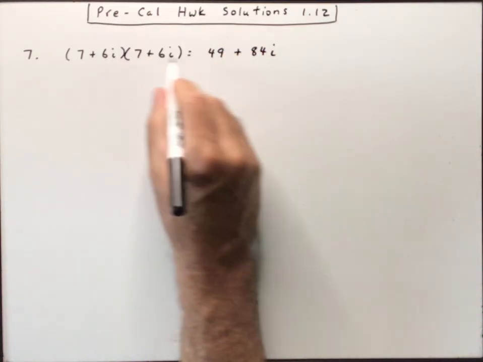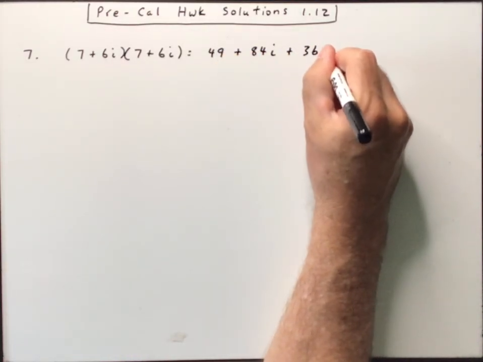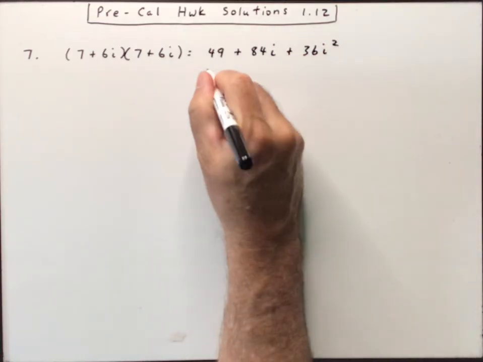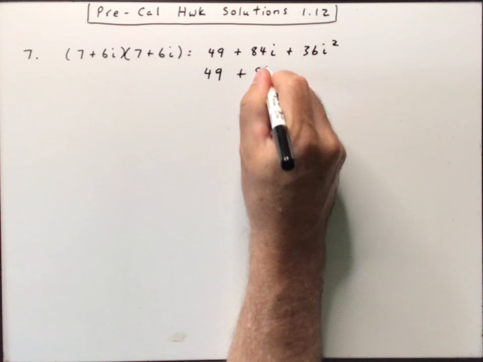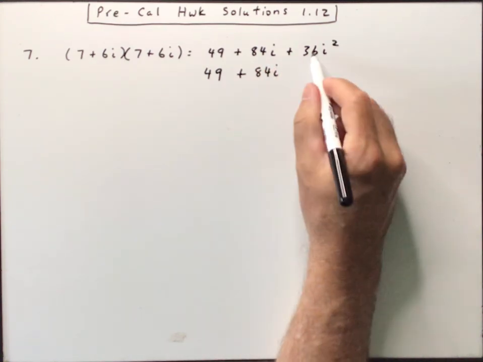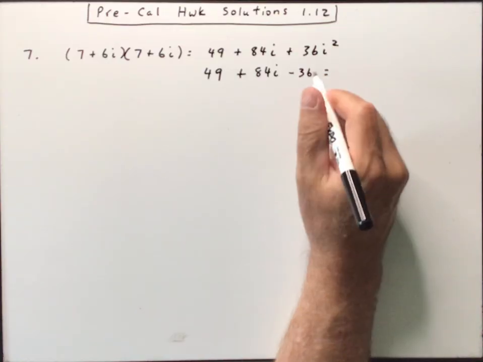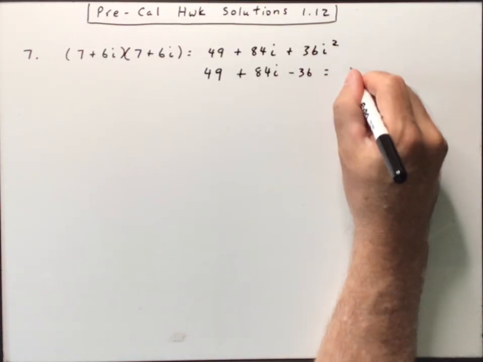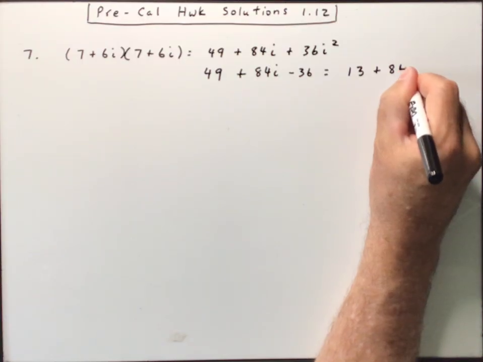And then the last term would be plus 36i squared. So that's 49 plus 84i, and then 36 times negative 1 would be minus 36. So 49 minus 36 is 13 plus 84i.